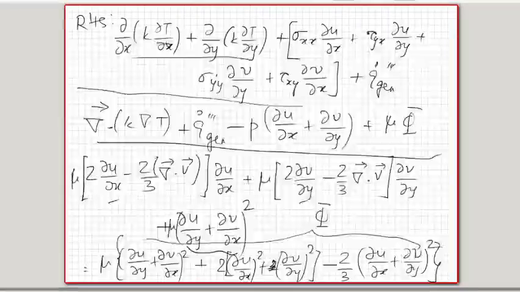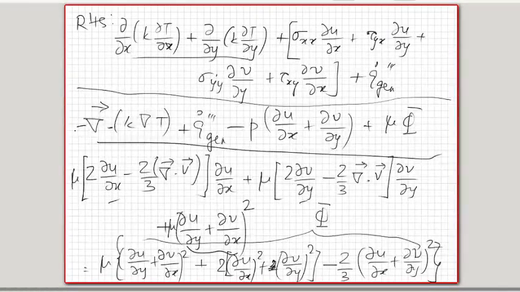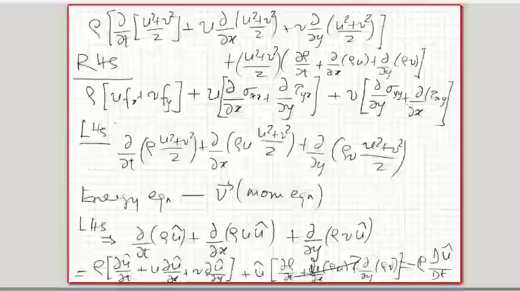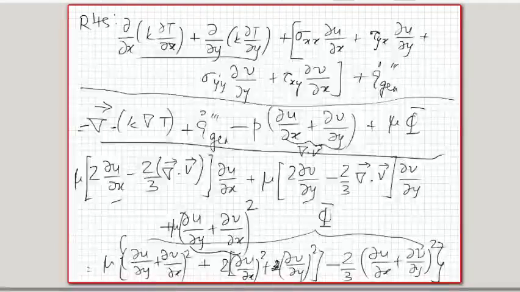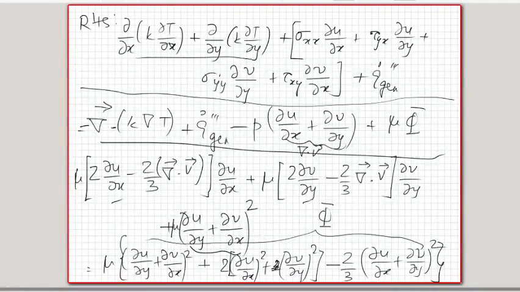Right hand side of the energy equation becomes equal to just del dot k del t plus q dot gen minus p into del dot v, plus mu phi. So the energy equation can now be summarized. The left hand side is rho du by dt. Okay, so let's go to the next page.